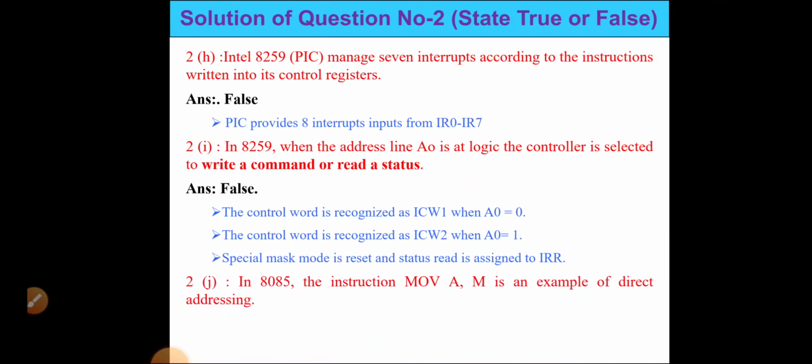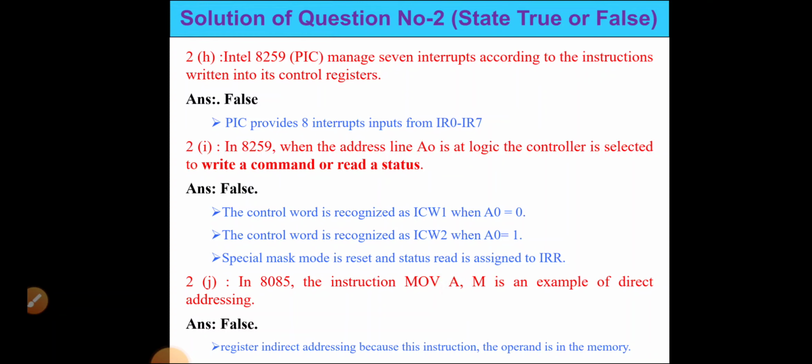In 8085, the instruction MOV A, M is an example of direct addressing. False. It is register indirect addressing, because this instruction operates on memory. Here M is nothing but memory, right?